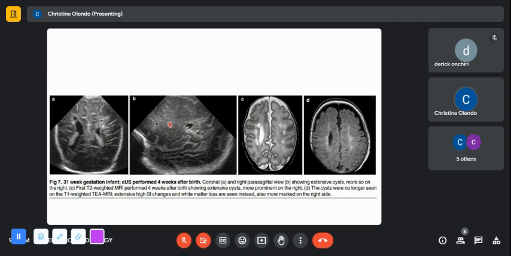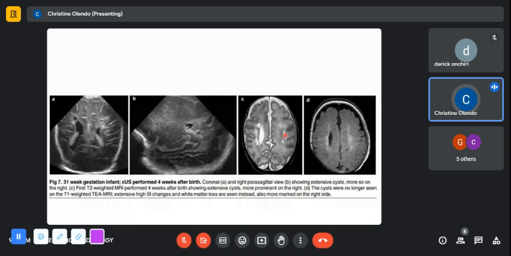So that grade would be what? A and B would be a grade 2 PVL, isn't it? Yes, because they're small cysts. And then C was a T2 weighted MRI, again done at 4 weeks, and showed also the extensive cysts that are visible in that area.